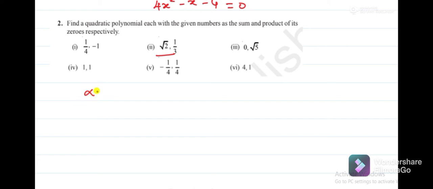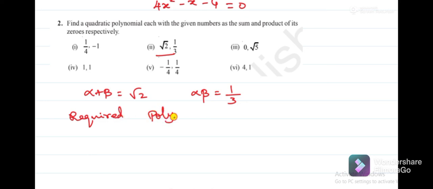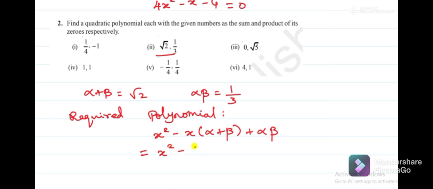Question number 2. Sum of the zeros is root 2, alpha plus beta equal to root 2, and the product of the zeros alpha into beta equal to 1 by 3. Required polynomial is equal to x squared minus x into alpha plus beta plus alpha beta equal to 0. So substitute alpha plus beta and alpha into beta in the required polynomial.